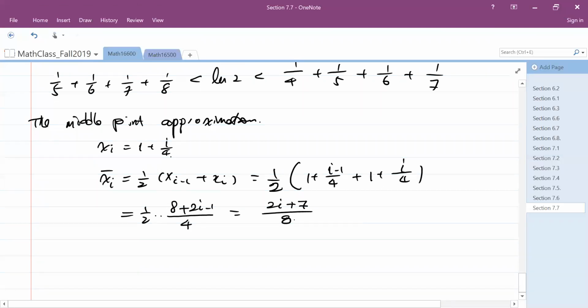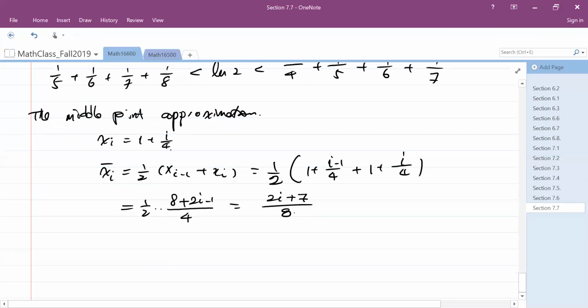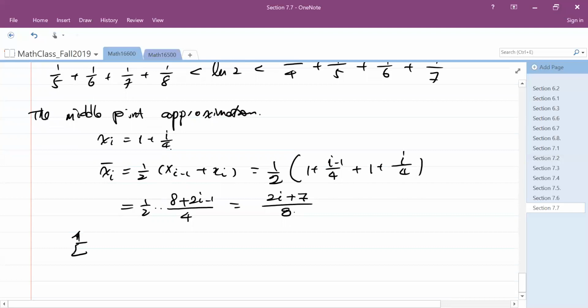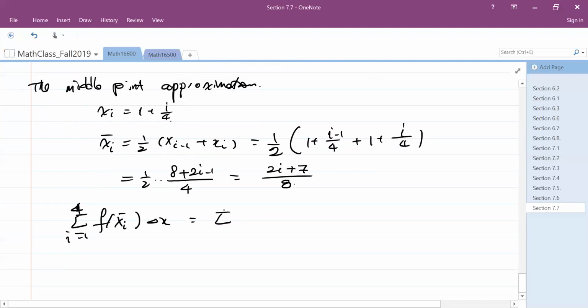Okay, so now, that would be again 1 over xi bar delta x, and I can turn it upside down, a quarter.